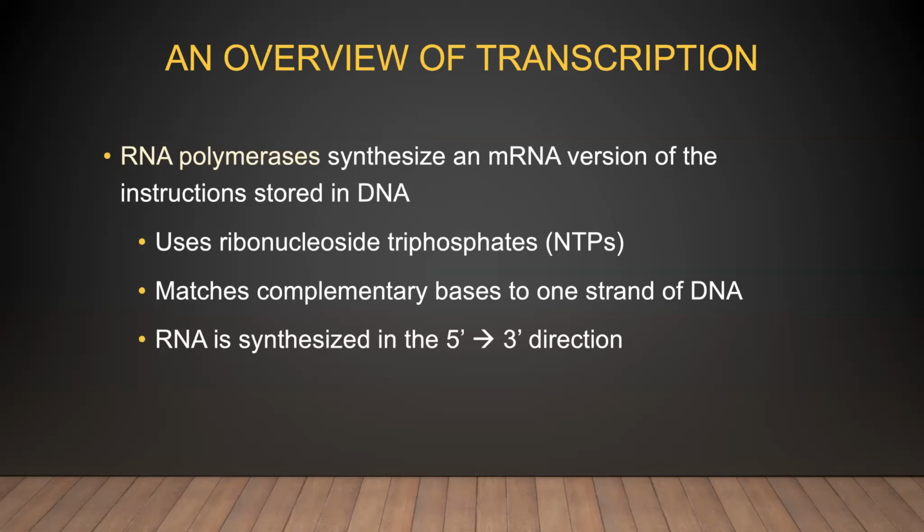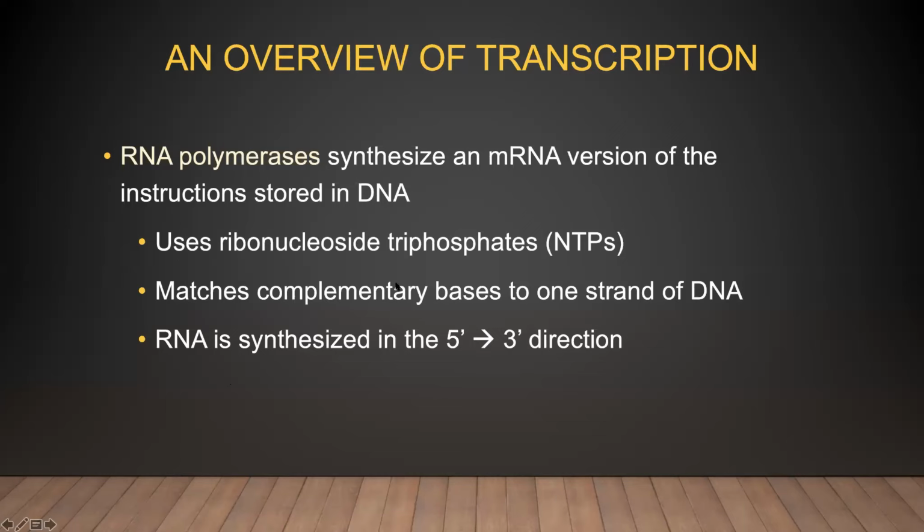And instead of using DNA nucleotides, we're going to use ribonucleotides, and it looks like I have a typo there. Apologize. So we're going to use these ribonucleotides. They'll have the ribose sugar, and the thymines will be replaced with uracils. So they'll be slightly different than the DNA counterparts.